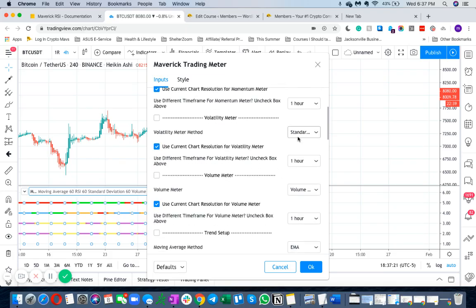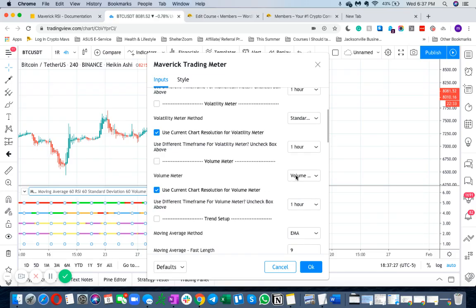For volatility, we have standard deviation, average true range, and Bollinger Bands percent B. And then for volume, it's basically using these formulas: a volume moving average, a volume MACD, or a volume oscillator. It's using the formula for MACD, but using volume as a source instead, if that makes sense.